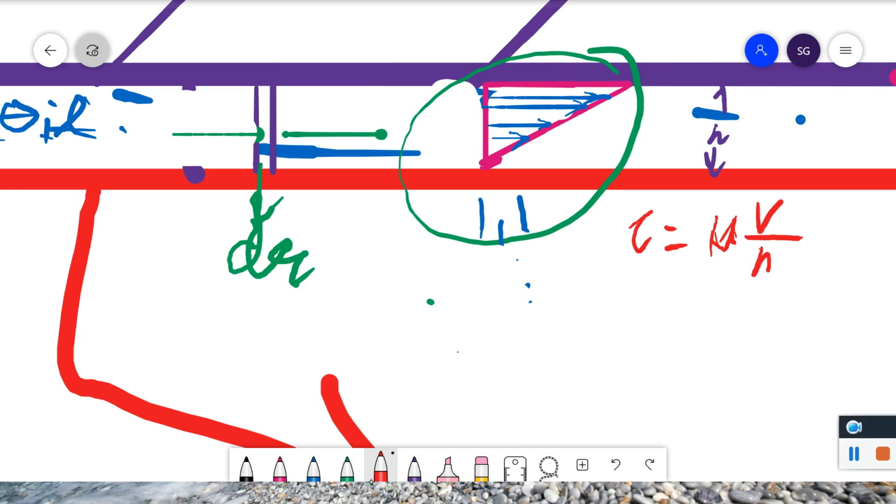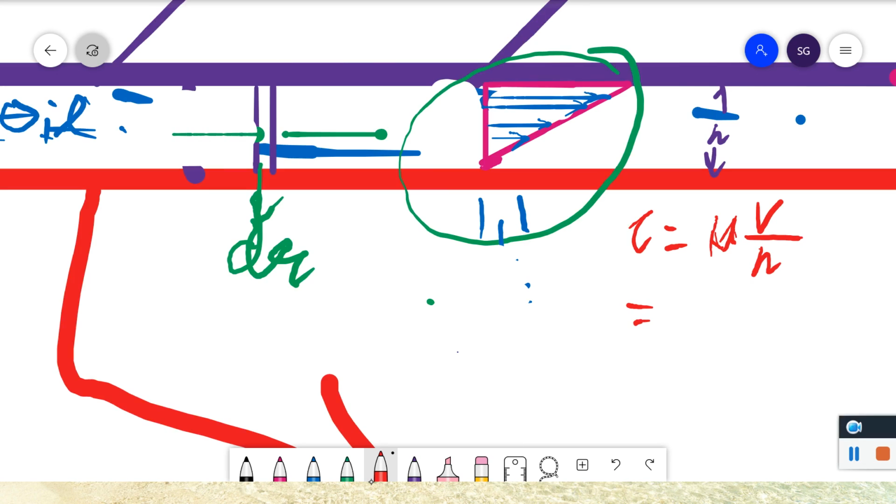We have already calculated this, and here it is mu by h into omega r. Fine. Now, this is basically the shear stress. Tau is the shear stress. Now for the torque, we will do the following.